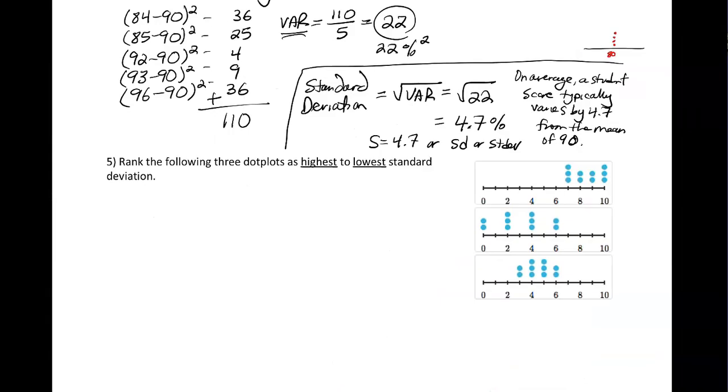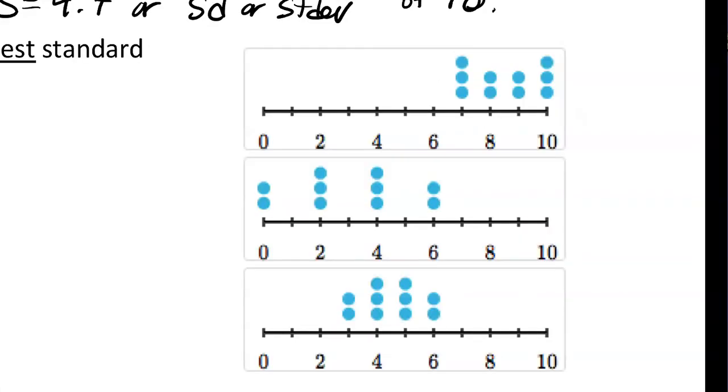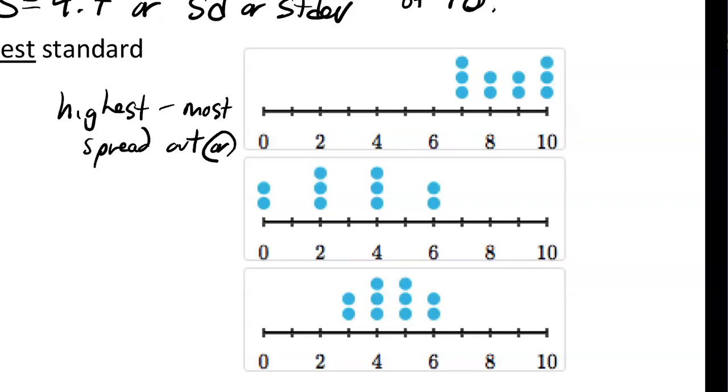So last question, let's rank, put in order the following 3 dot plots from the highest to the lowest standard deviation. So let's start with the highest standard deviation. The highest standard deviation would be the most spread out of these dot plots. Or you could think of it as the most variability from the mean or from the center.